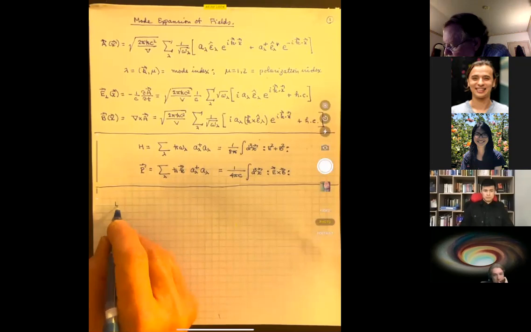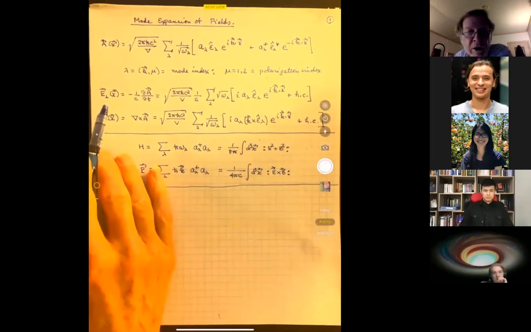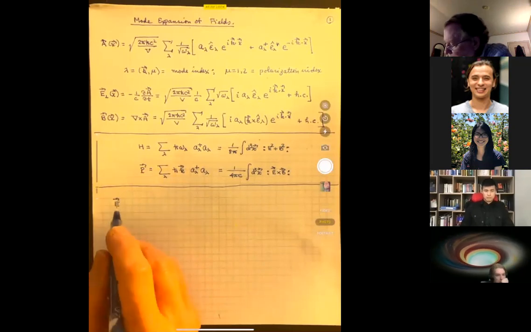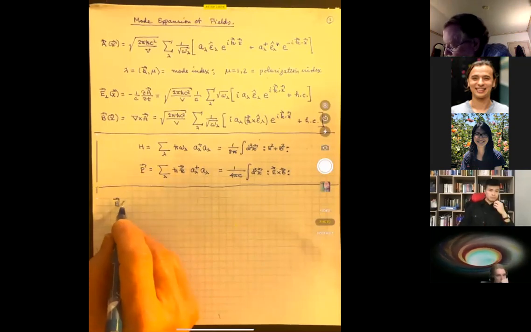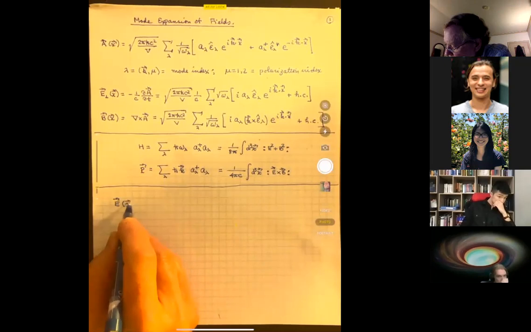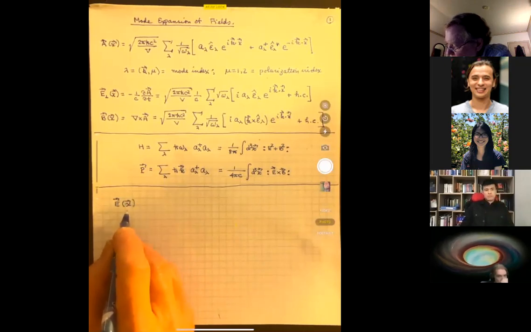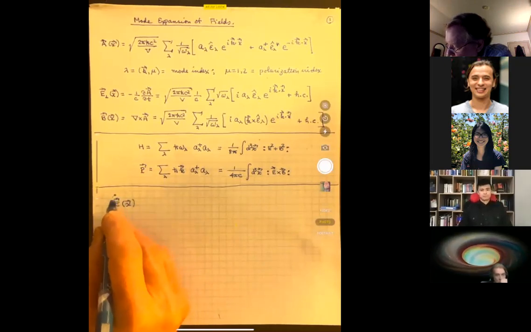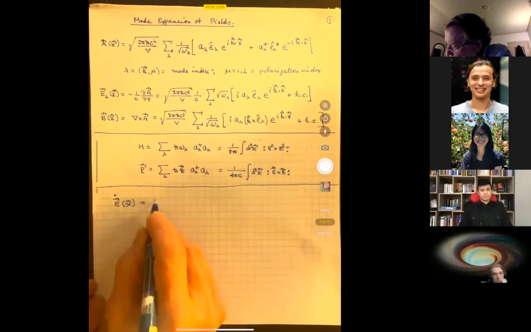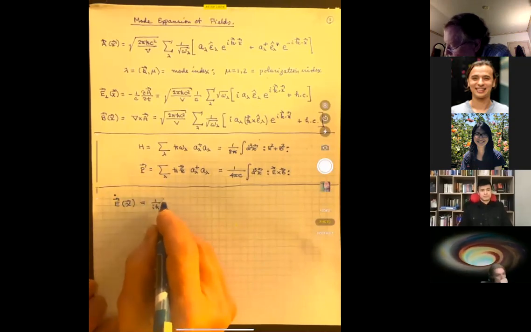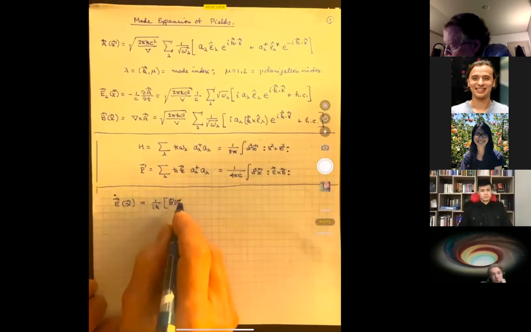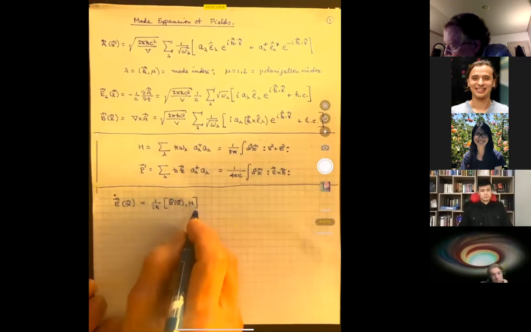For example, if I took the electric field, and I'll leave the perp off of this because this is understood to be the free field only. If I take the electric field parameterized by x, it's a definite observable at a definite position x, and I wish to compute its time derivative a la Heisenberg, that's 1 over i h bar of the commutator of the electric field E of x with the Hamiltonian, like so.